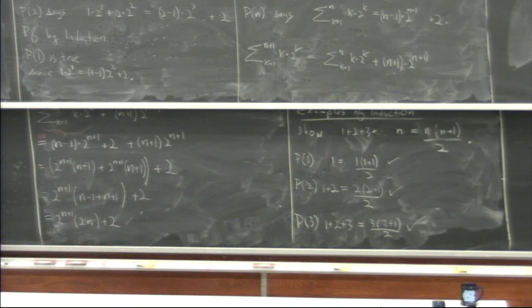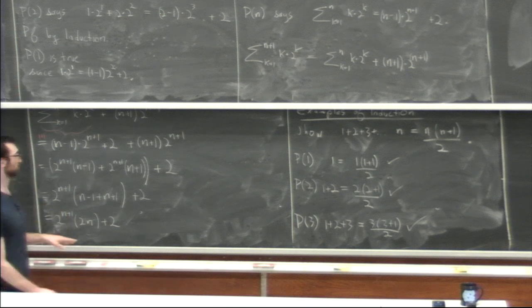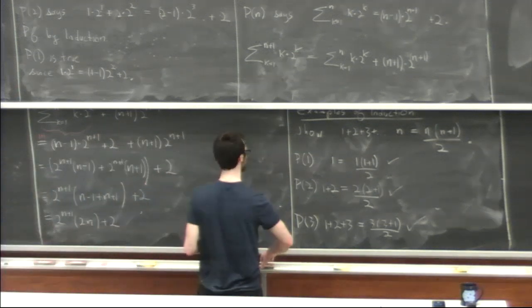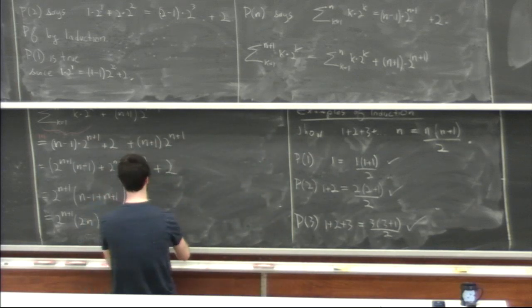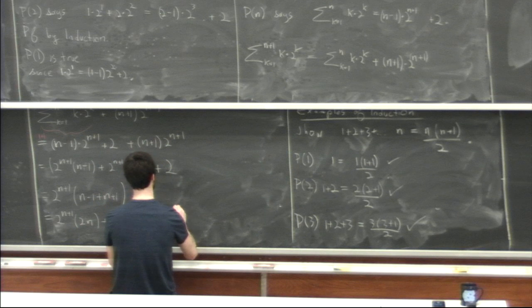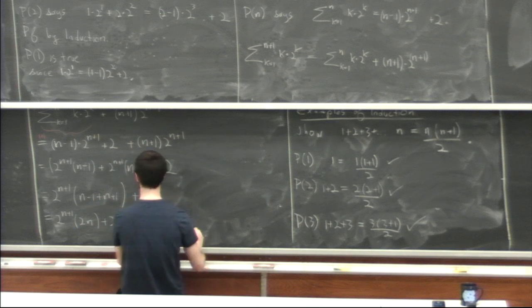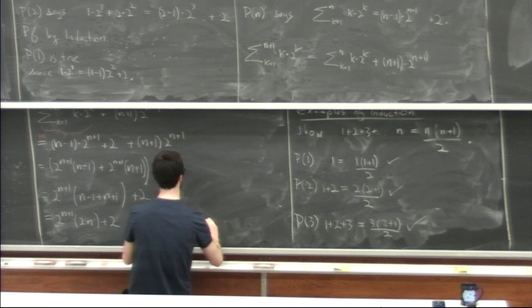And I'm nearly there. The last thing that I want to observe is that if I have a 2 to the n plus 1 times a 2 to the n, I can pull out this 2 and get a 2 to the n plus 2. So this whole thing is equal to 2 to the n plus 2 times n plus 2.